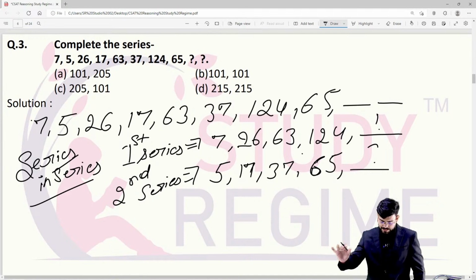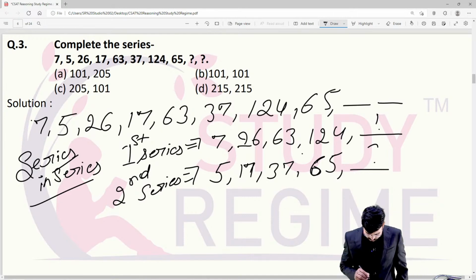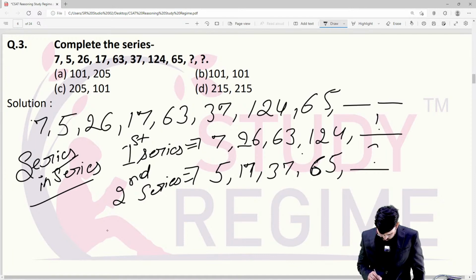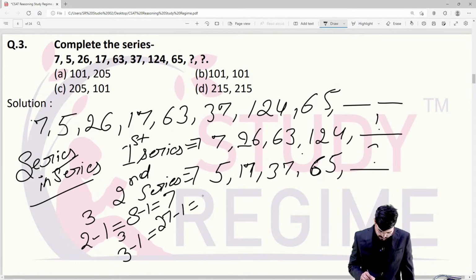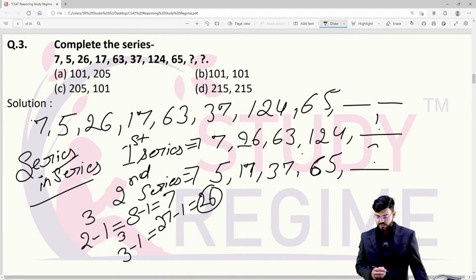So let me see the pattern. How did I get 7? 2 cube minus 1. Like this, 8 minus 1 is 7. Okay. The other term, let's check it. 3 cube minus 1, 27 minus 1, you will get 26.